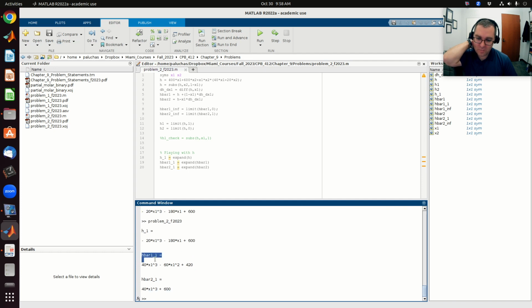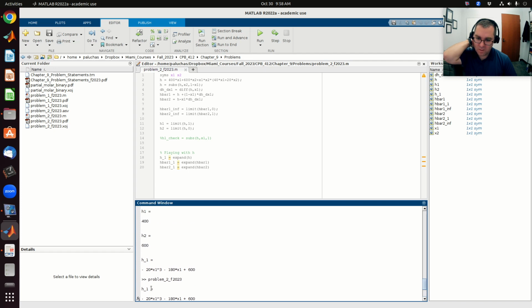Then h bar 1 at infinite dilution, x1 is just 0, 420. H bar 2, this would just be x1 goes to 1, so 40 plus 600, hold on, it should be 600 plus 40.